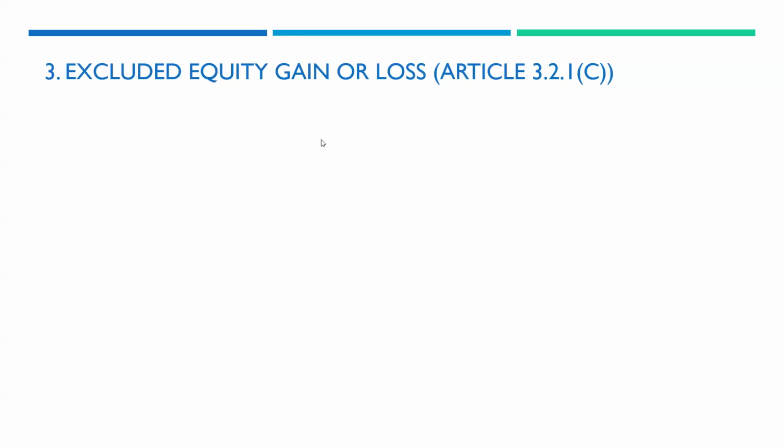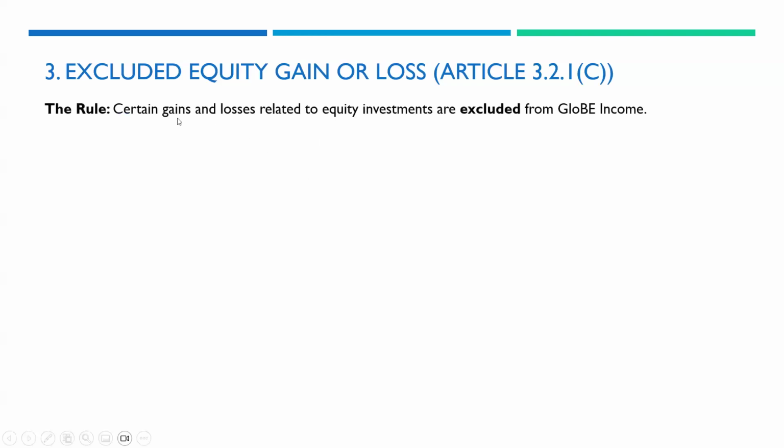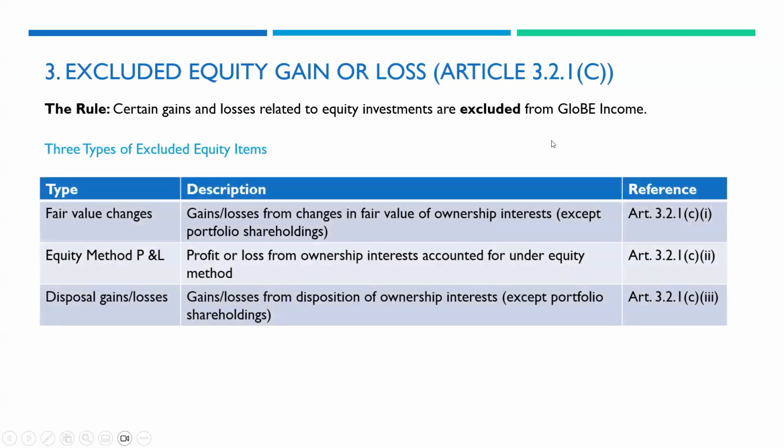What kind of equity gain or loss would there be in your P&L? The rule is certain gains and losses relating to equity instruments are excluded from GloBE income. If you take your P&L, there could be different gains or losses. There would be fair value changes, FVPL.